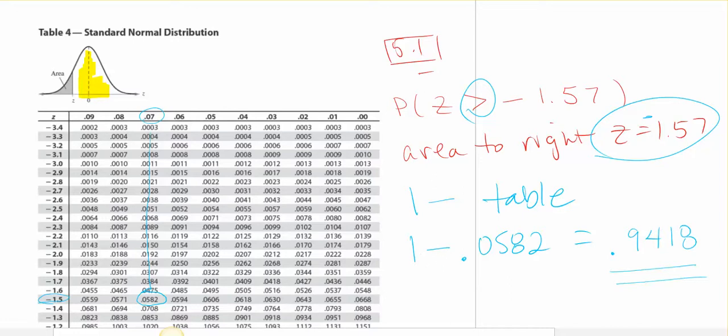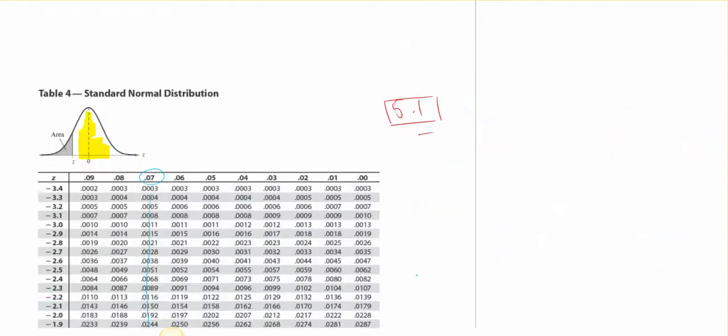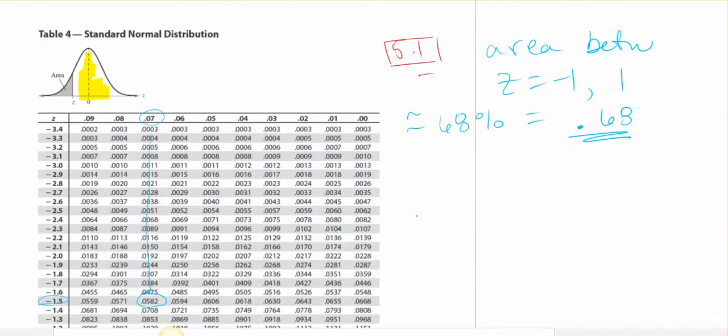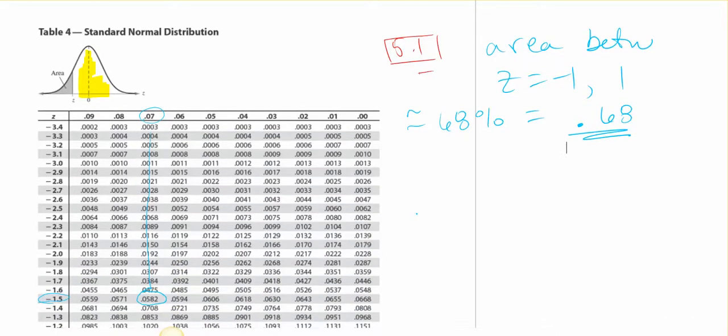The third situation is when you want to know in between the two. So check it out. What if I want to know the area between a z-score of -1 and +1? Well, we already know that this should be roughly 68% or 0.68 from our empirical rule. So let's see how this would work on our table.